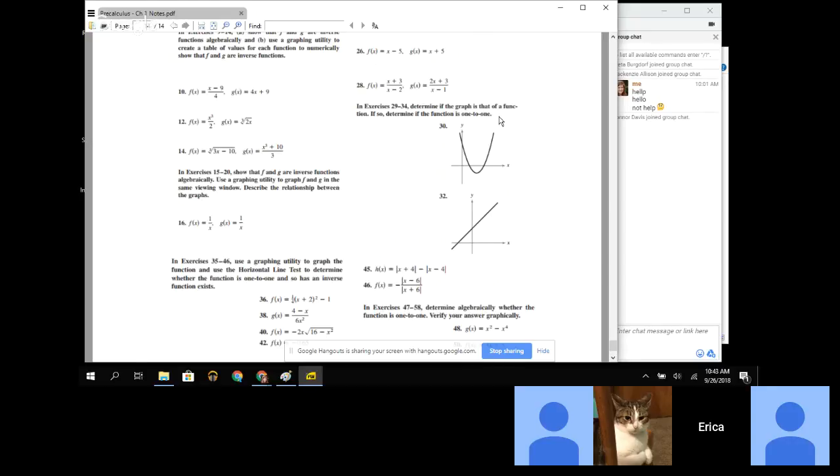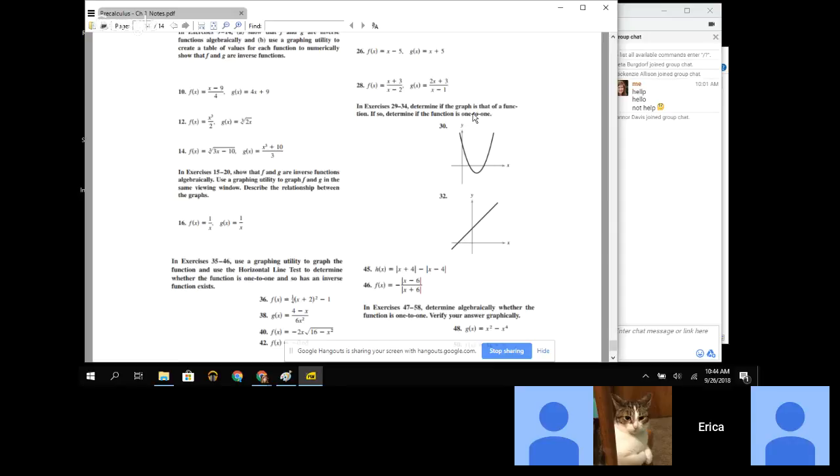So the definition, I don't have it written out, is a function has an inverse function if and only if it is 1-to-1. Okay, so a function is 1-to-1 if it passes both the horizontal and vertical line test. So we would say that number 30 is a function, but it is not 1-to-1 because it doesn't have an inverse. Number 32 also is a function, and it's 1-to-1, so it does have an inverse.